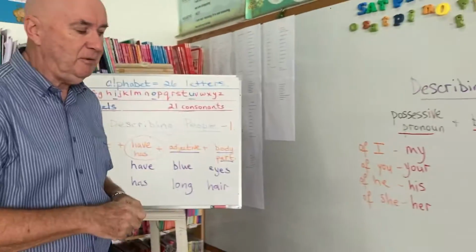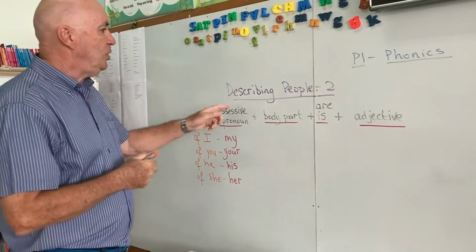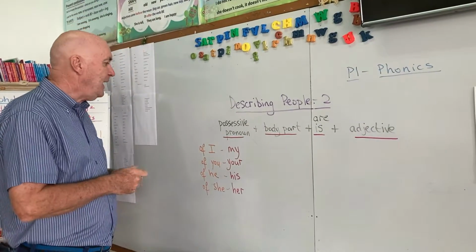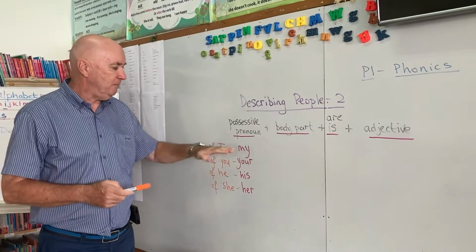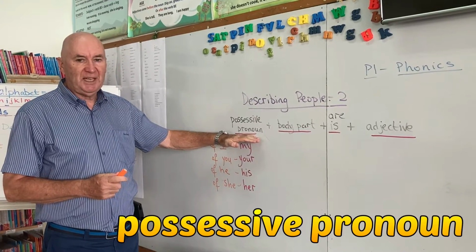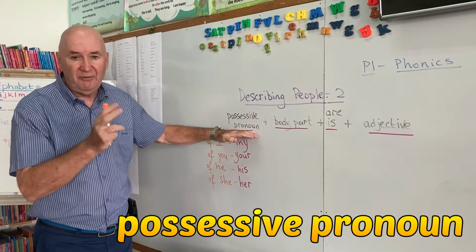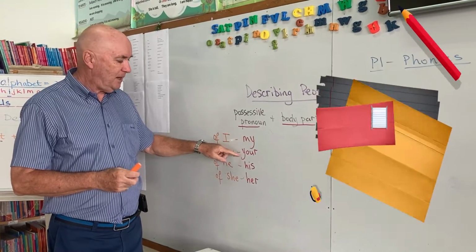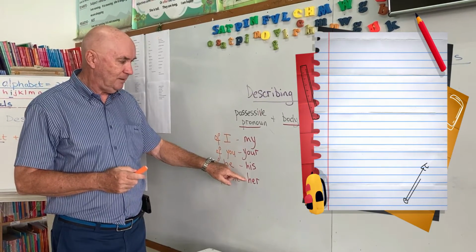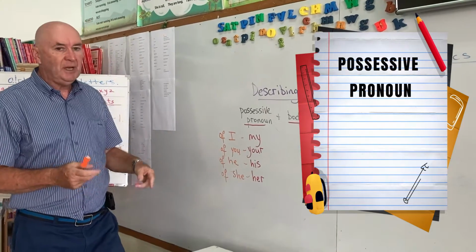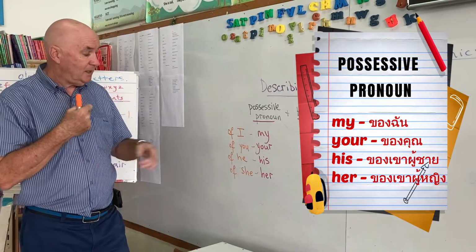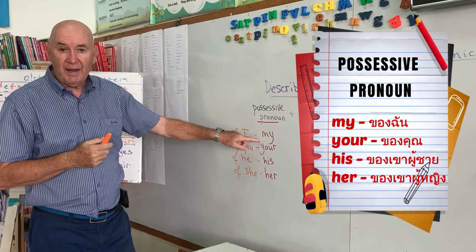Now let's go over here. I'm going to call this describing people number 2. Now this is how we do it. We start out with what's called possessive pronoun. Sounds very difficult, but possessive pronoun are words like this: my, your, his, and her. Okay? Now, if I'm talking about of I, then I use my.